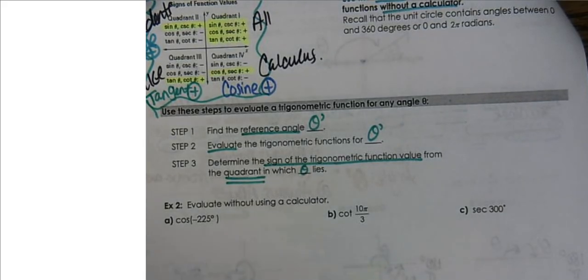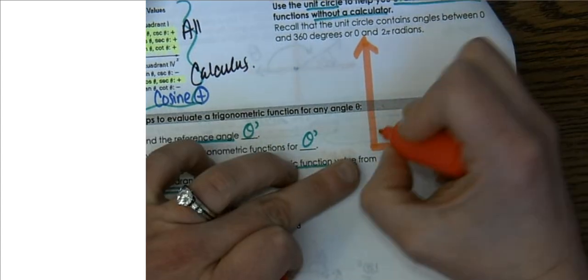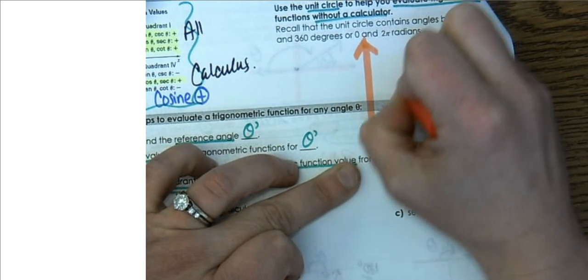Just to make sure that we are all on the same page, I'm going to use this space to create a first quadrant. So here is 30 degrees, 45 degrees, and 60 degrees.